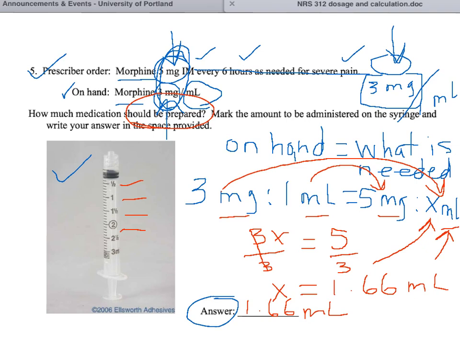So if we have to give 1.66, and since we're dealing with morphine, you don't want to give more than is required, then you wouldn't round up, you just give 1.6, and we can draw a line here where 1.6 mils is. Here is 1.5 mils, right here where it says 1.5.